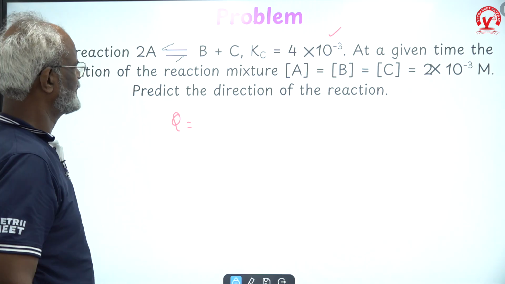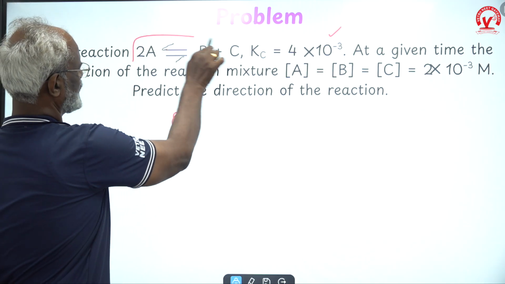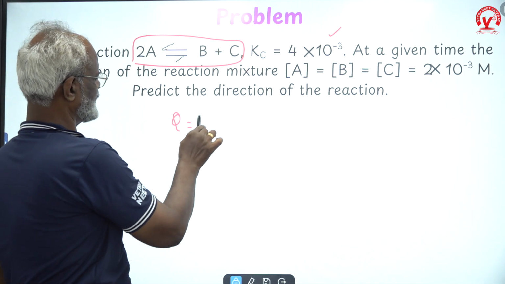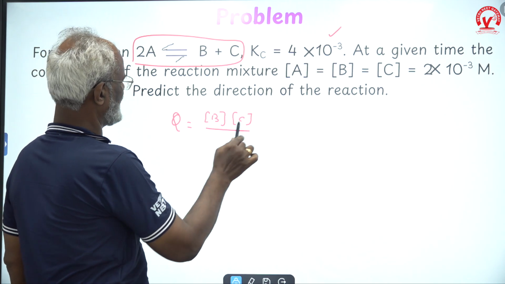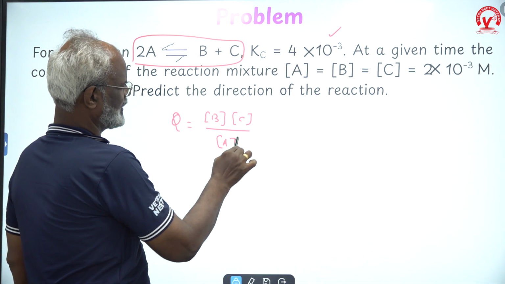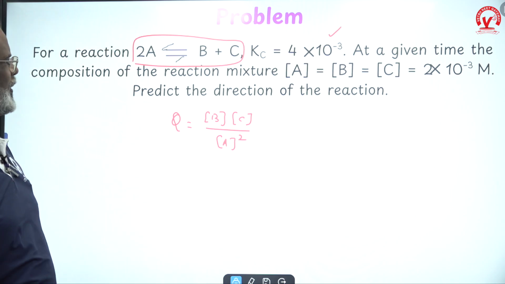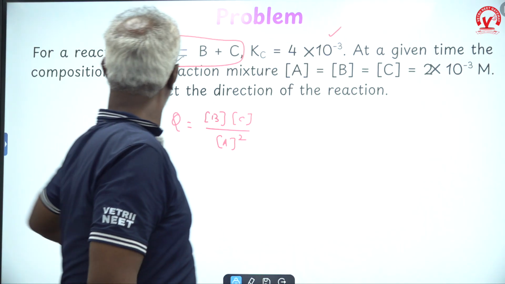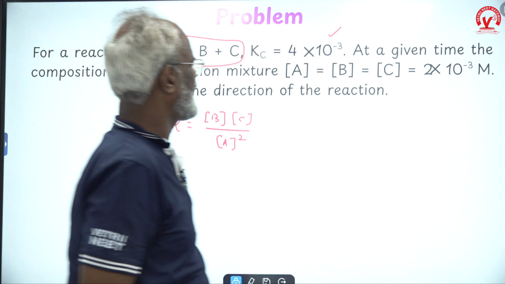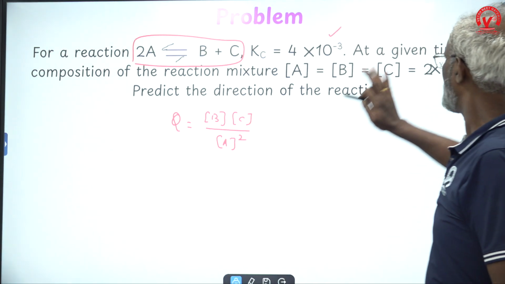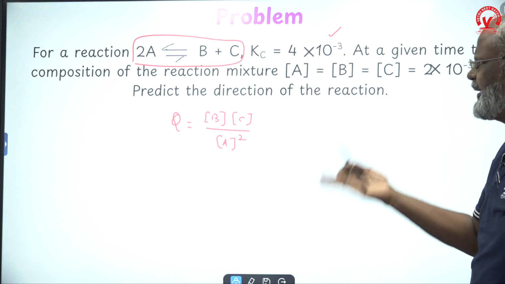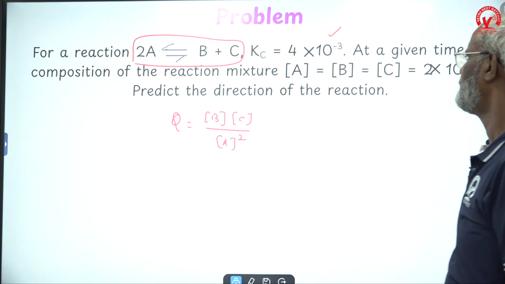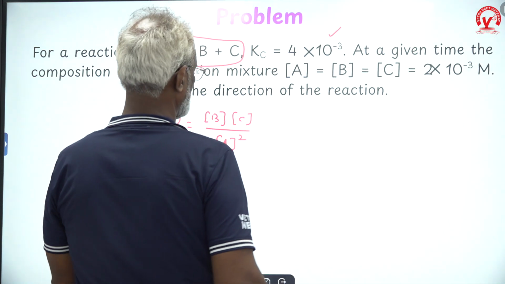For this reaction, Q will be equal to [B][C] divided by [A] squared. This is not at equilibrium, but at some time other than equilibrium. The reaction proceeds, it has not attained equilibrium yet, and at some given time we are taking the values given.